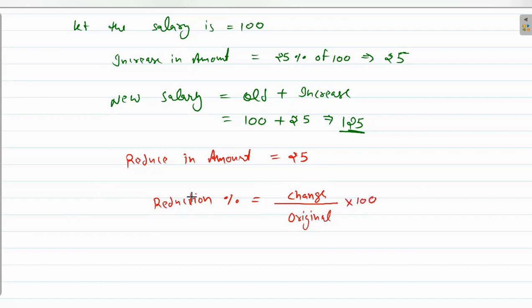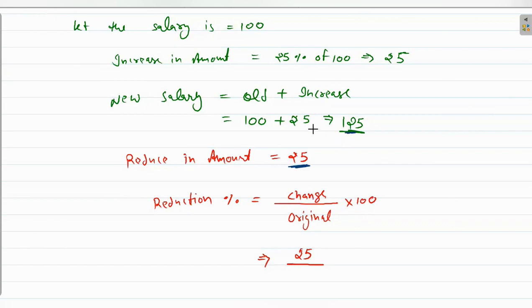So how much change is happening? 25. What was the original value, 100 or 125? 125, because we are comparing this 25 with 125.